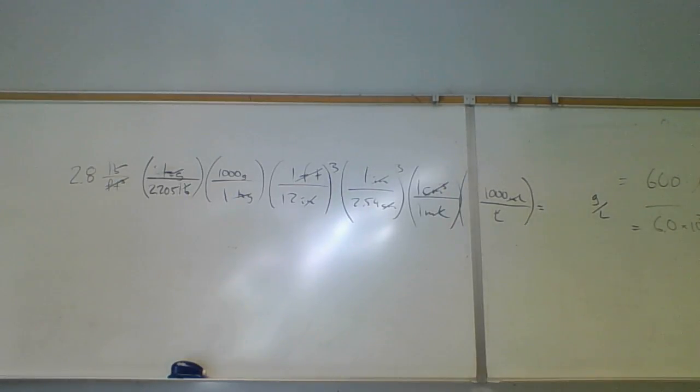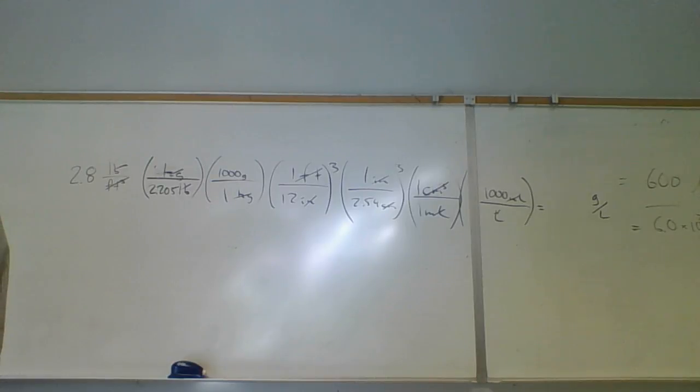Let's do it here. Let's see. And so I'm going to go 2.8 divided by 2.205 times 1,000. I just go in order here. Times 1,000 divided by 12. Oh, that's 12 cubed. Do I need parentheses around my 12?